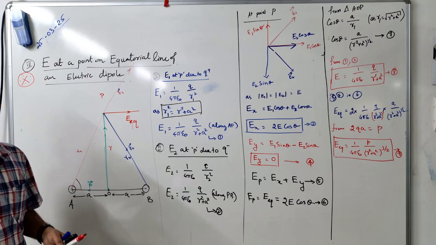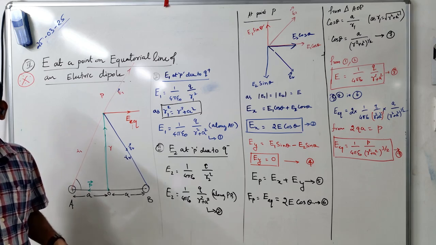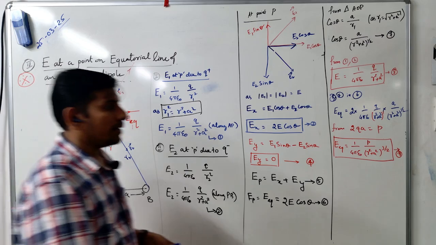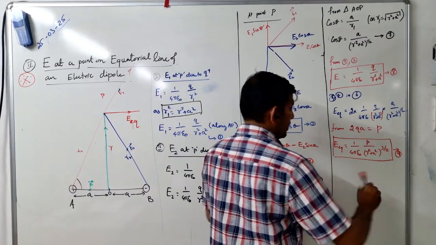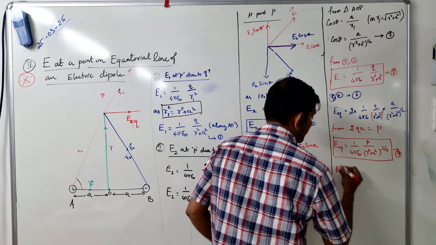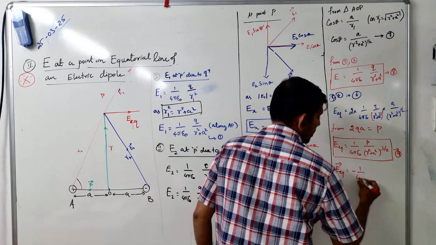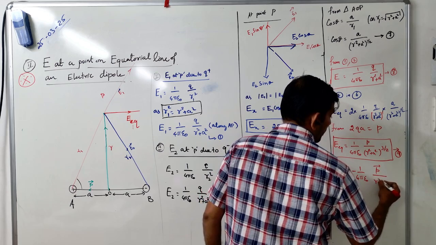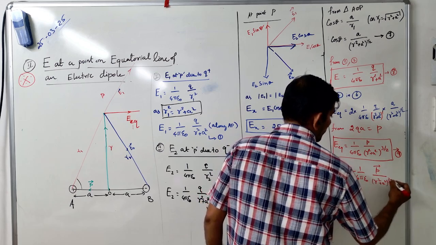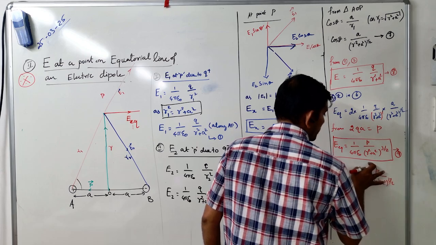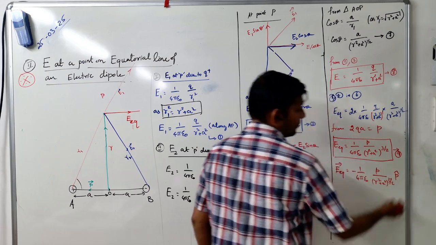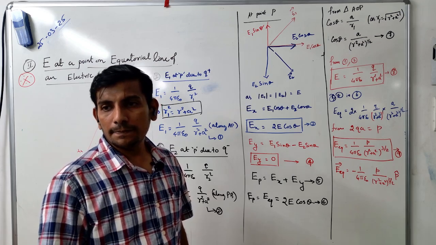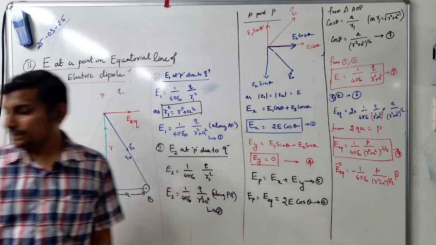But in the case of the equatorial line, the effective field is always against the direction of the dipole moment. So I have to mark it in vector form. E equatorial vector is equal to minus 1 by 4 pi epsilon naught P vector divided by (R squared plus A squared) whole power 3 by 2. Otherwise, you can just take it as P and P cap. You know, P cap means plus or minus. This is how your textbook writes it.